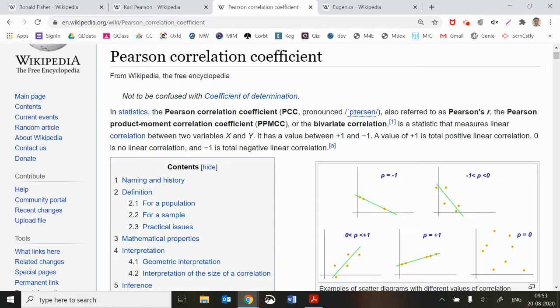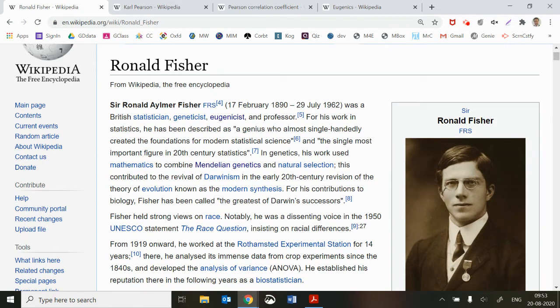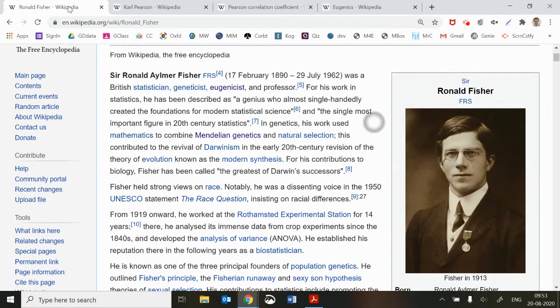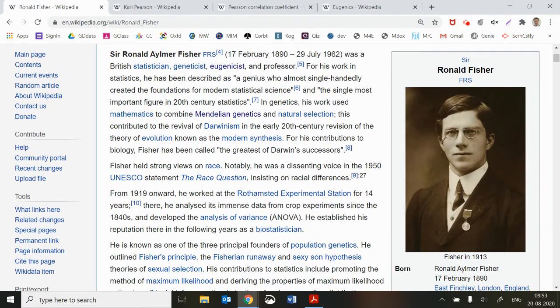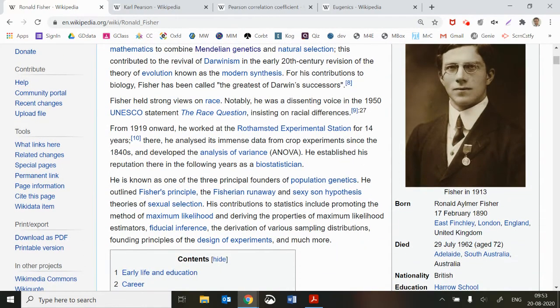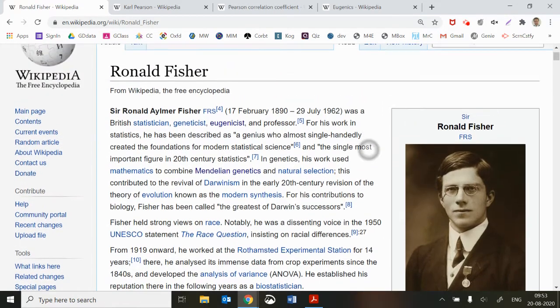Now, you should know that apart from these guys being super smart scientists and mathematicians, history is complicated, because these guys also had things to do with natural selection. This guy is a great successor to Darwin. But then you can see it says he's a statistician, geneticist, and eugenicist.